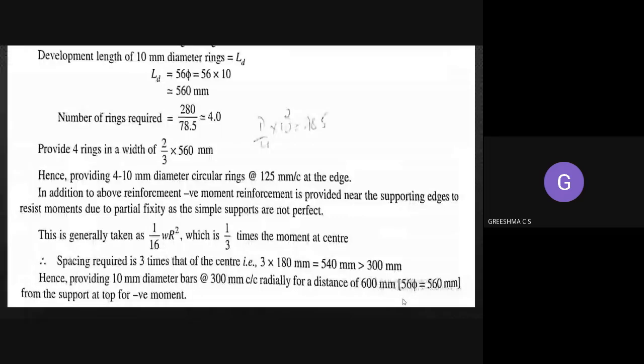All of you please write down this: development length Ld is equal to 56 into diameter, that is 560, and you round it to 600 mm.